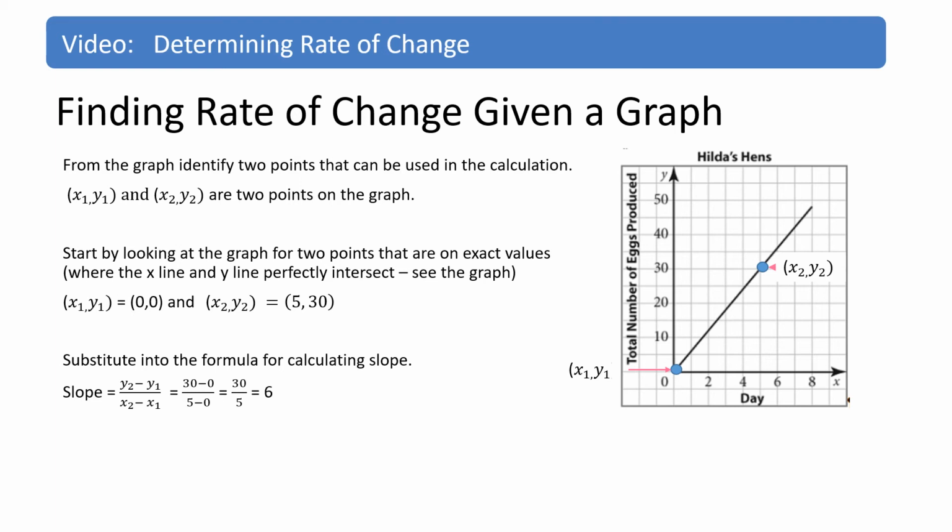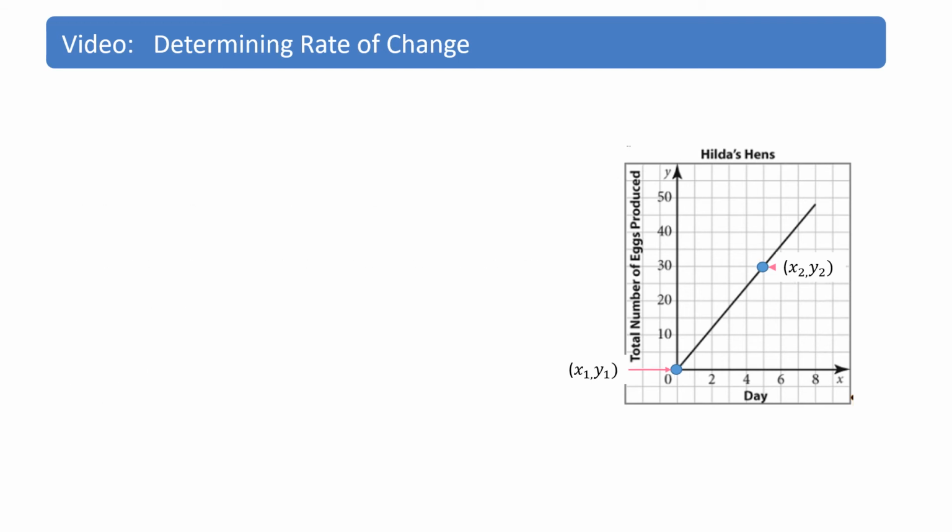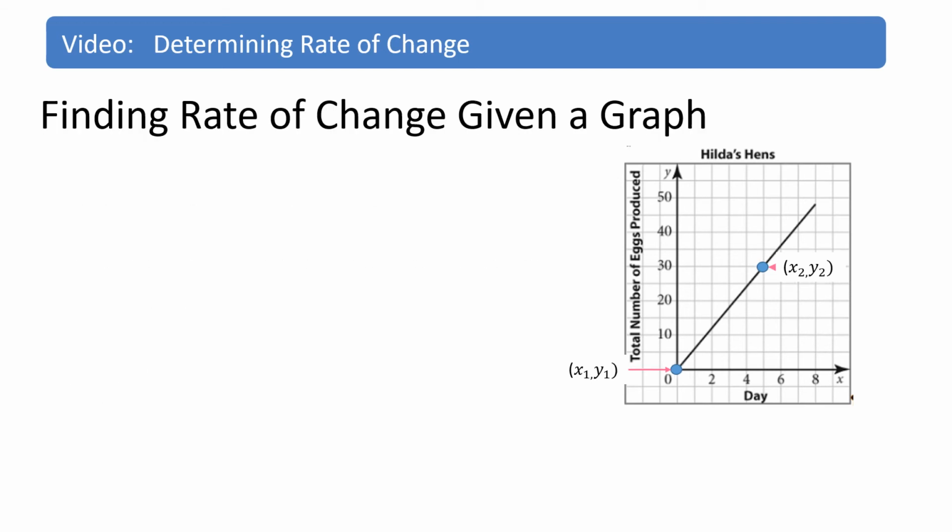Doing the math, we get 30 divided by 5, so the slope of the line is 6. This means it goes up 6 units for every 1 unit it goes along the x-axis. So the rate of change is 6 eggs a day. Finding the rate of change given a graph.